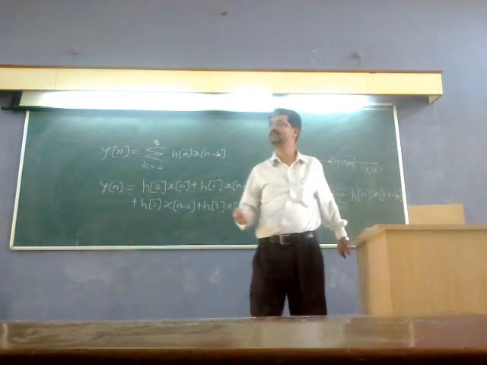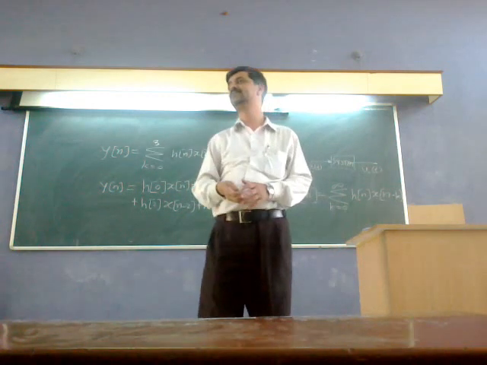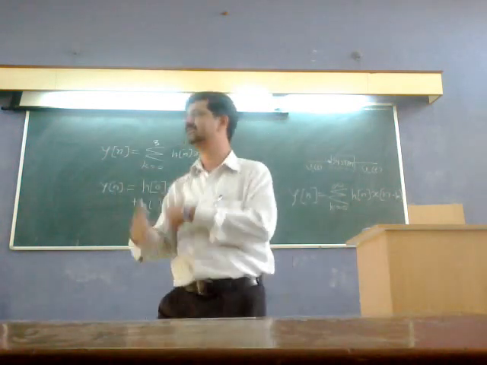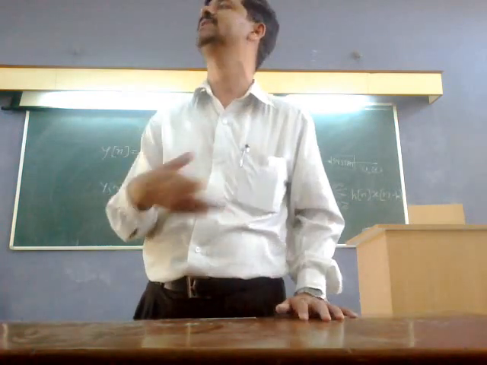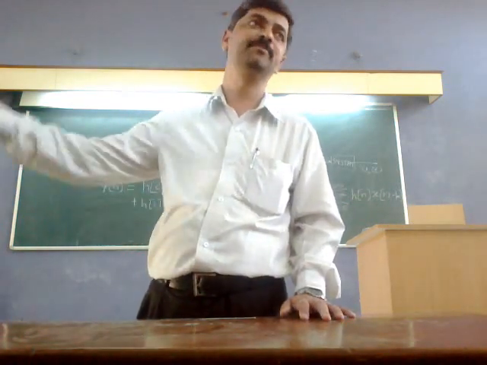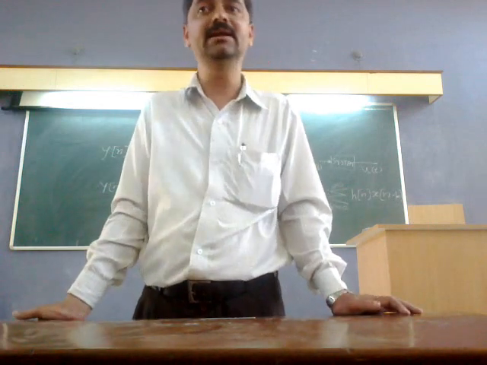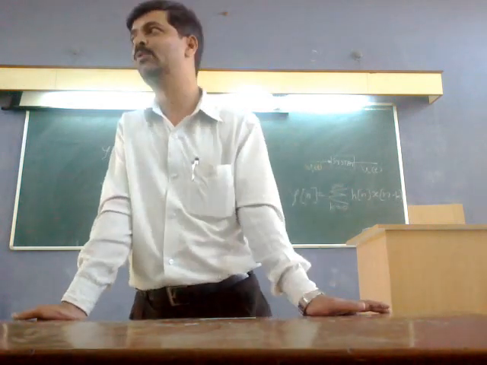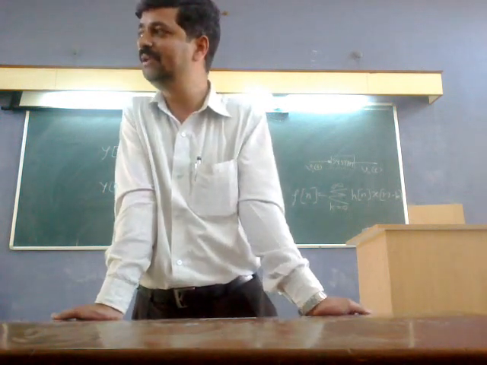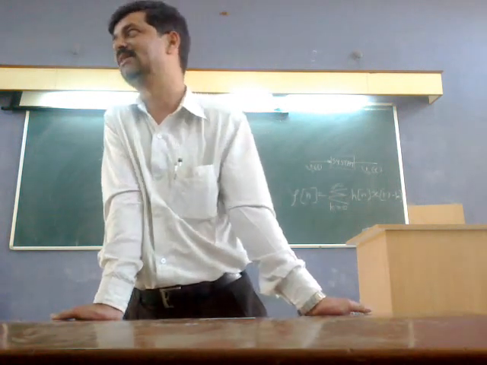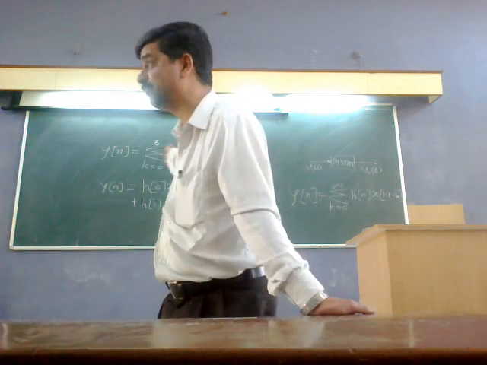The problem is, as I proceed, the computation to be carried out for determining the output will increase, and there will be a situation where the processing time will be more than the sampling interval.